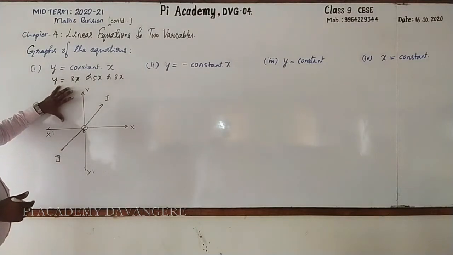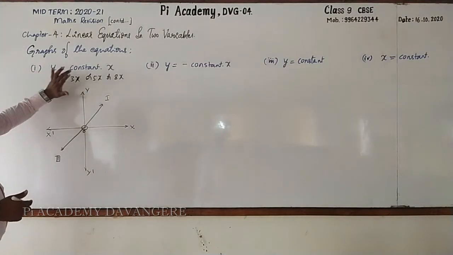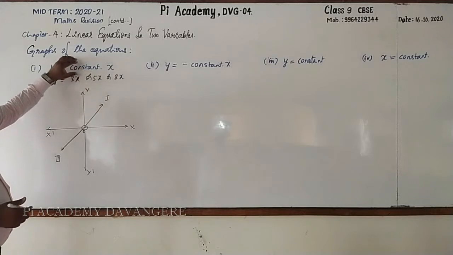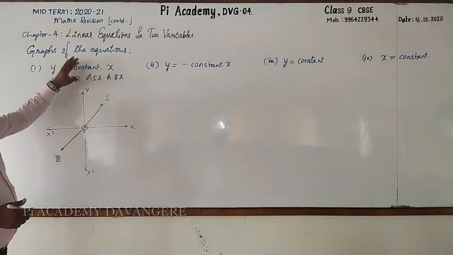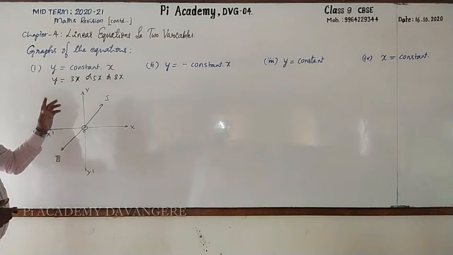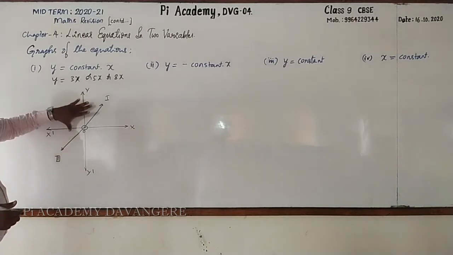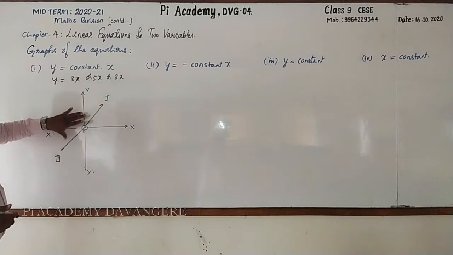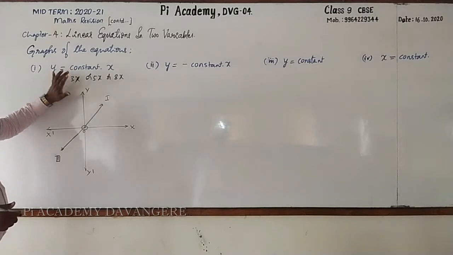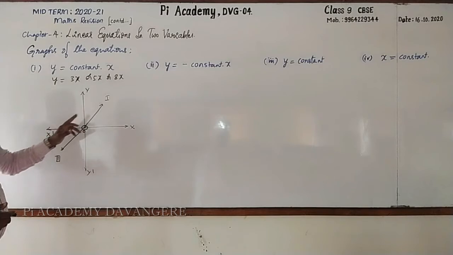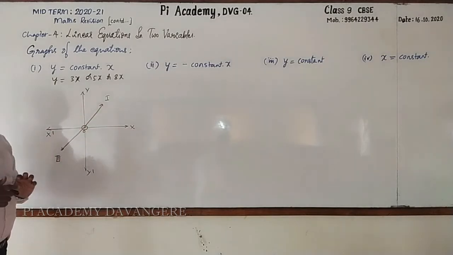Once I repeat, y equal to constant into x. This is the equation. The graph of this equation will be a straight line, and this will pass through the origin, and the quadrants through which it passes are first and third.